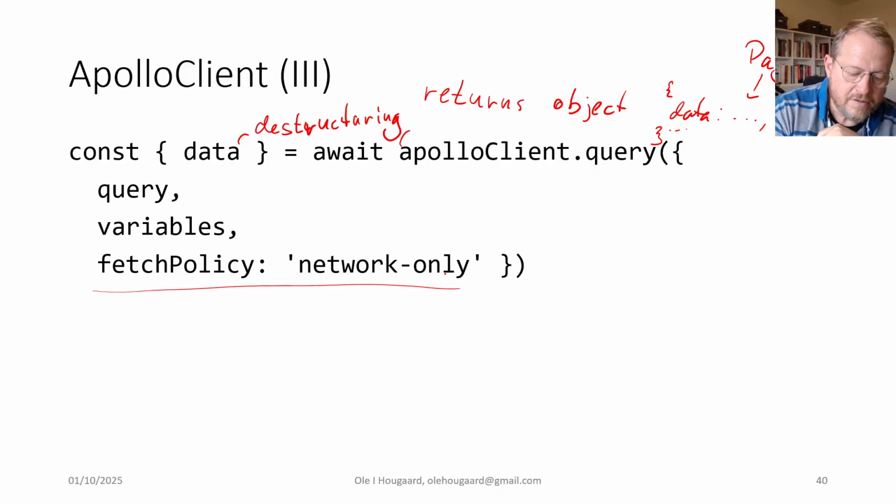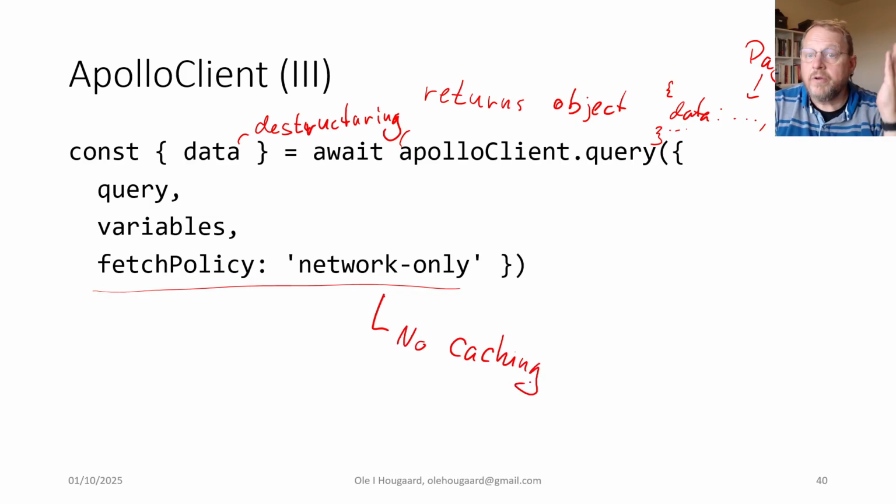This means no caching. Every time you're using this, you can consider how much caching you want and what your policy should be. So that's my Apollo client, and that's the last slide.